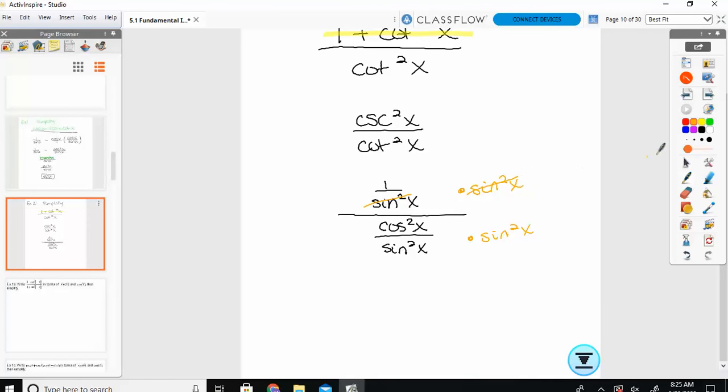So then these sine squareds cancel. So on the top, I'm just left with 1. On the bottom, the sine squareds cancel, so that gives me cosine squared. What is 1 over cosine? Secant, it's a reciprocal cosine. So 1 over cosine squared x would just be secant squared x.